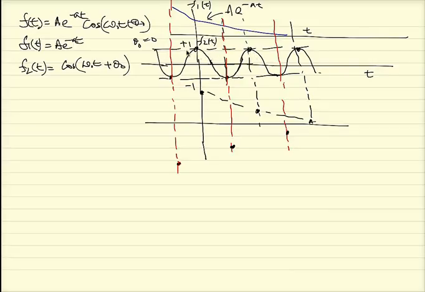Now this is the f2t. The f2t will always be within plus 1 and minus 1, so it will oscillate between plus 1 and minus 1. Now if you multiply f1t and f2t, what will happen? First of all, look here that you have plus 1 in these peaks.